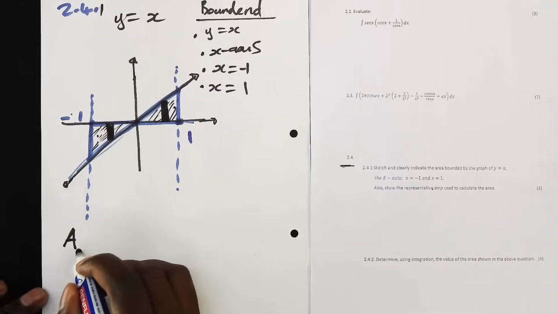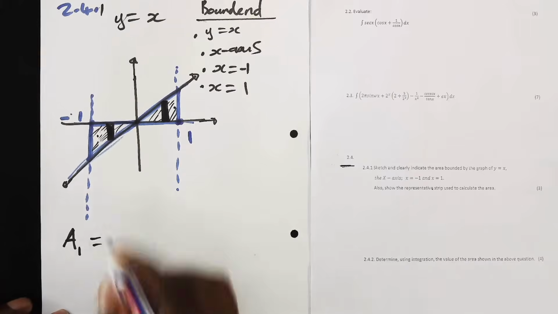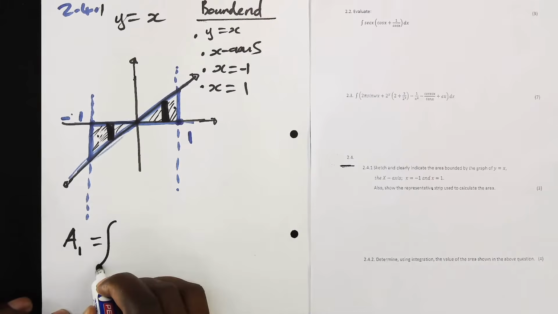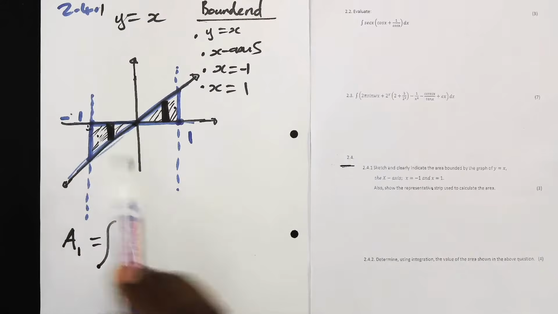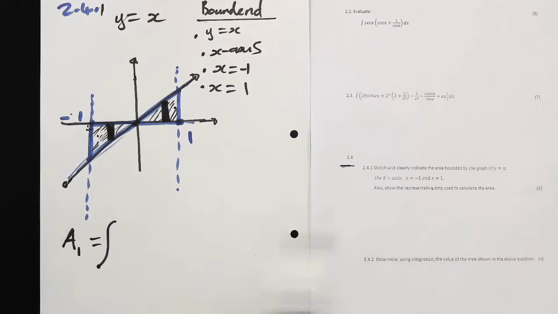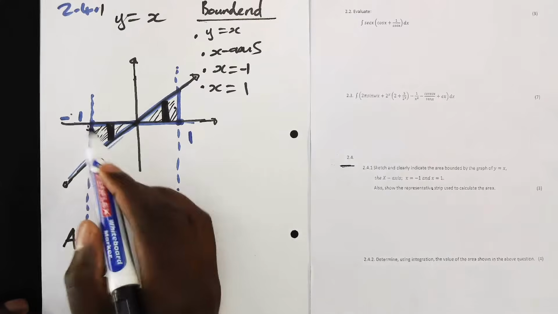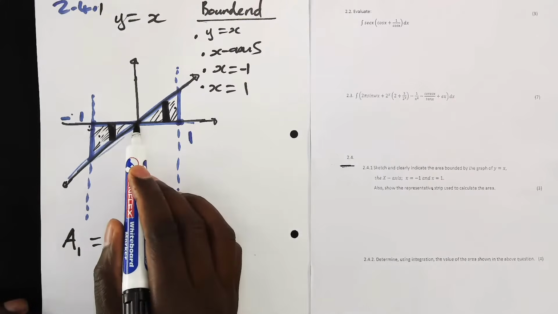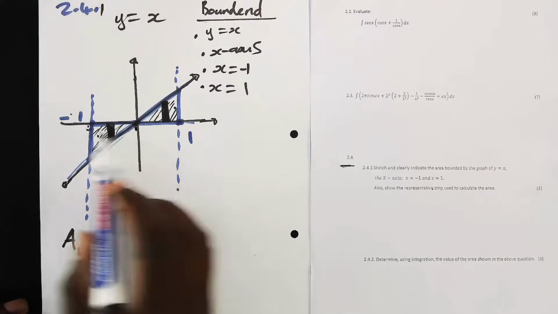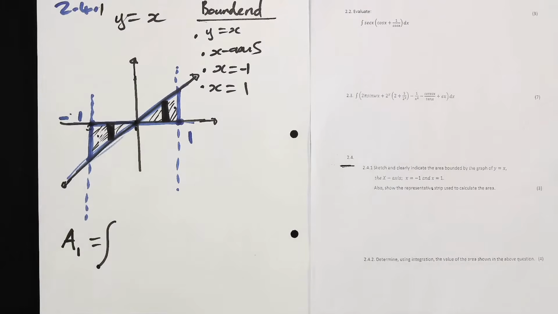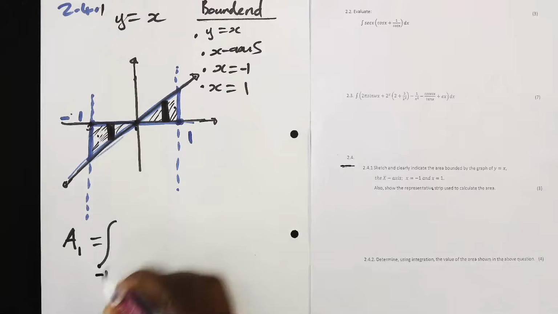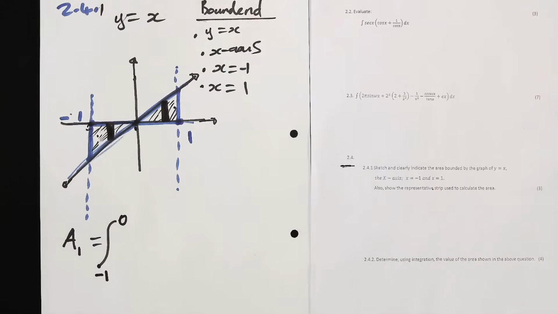So let's look into area 1. Let me just put the integral sign there. Now, for this area, look into the width of the representative strip. The lower limit to upper limit, what? 0, isn't it? The area here is between -1 and 0 on the x values. I hope you see area 1. So it is from -1 to 0.